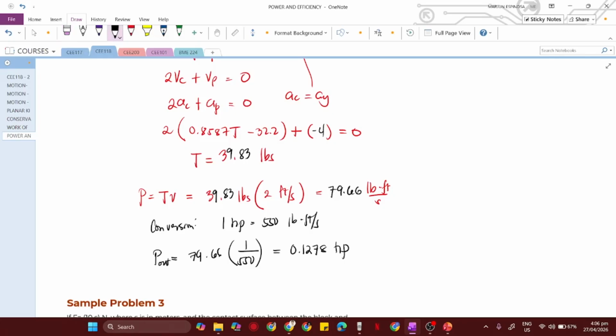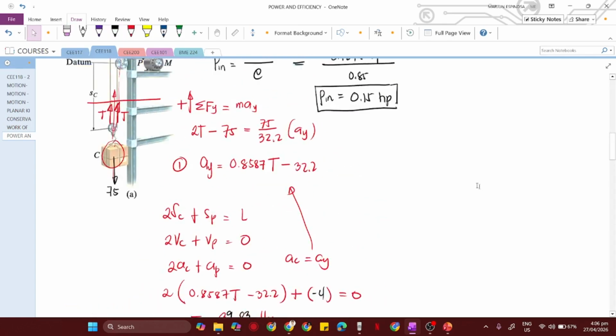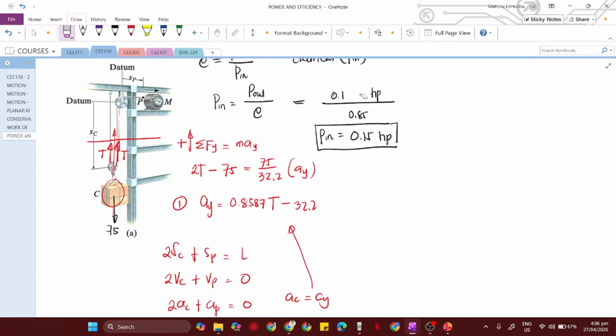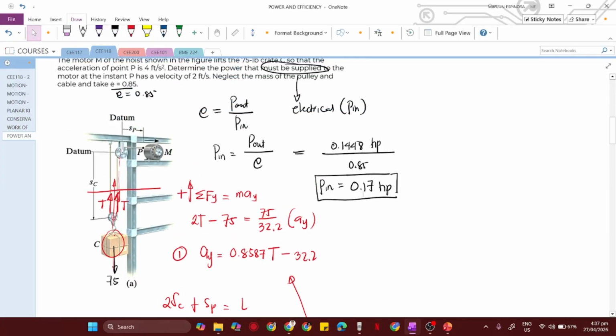Actually, sorry. 79.66 over 550, you would get 0.1448. Okay, 0.1448. Then, you get 0.17 here. Actually, madapit lang man din. Pero, ang tamang sagot nito, ito, 0.17 talaga, based on the solution manual.